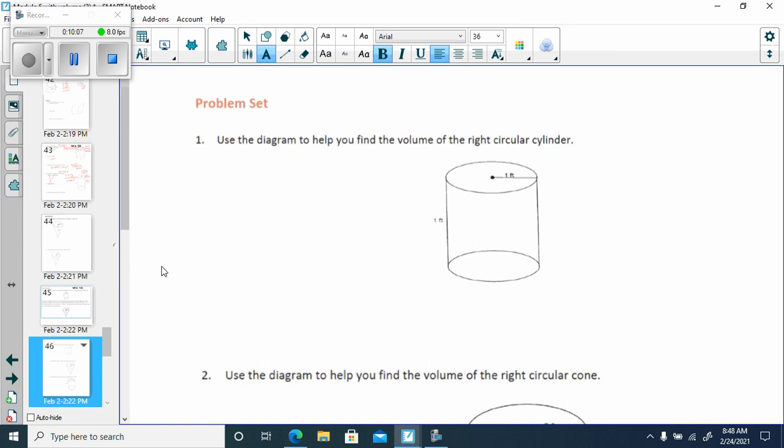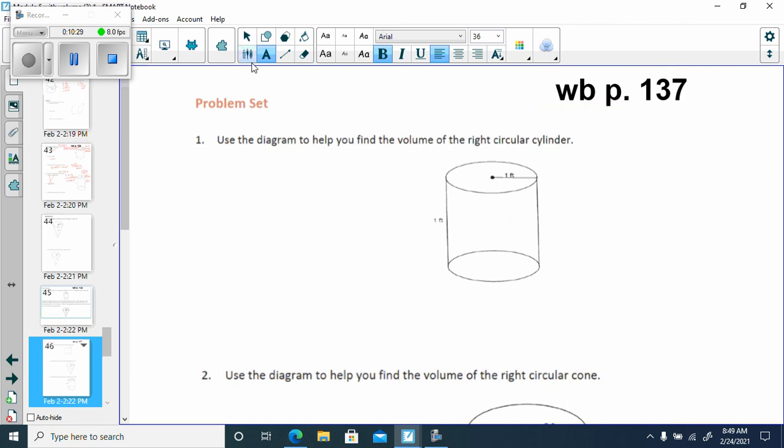Okay. This is on page 137. Page 137. On this one, I'd like to do this with exact formulas. In other words, I want to leave the pi in it.